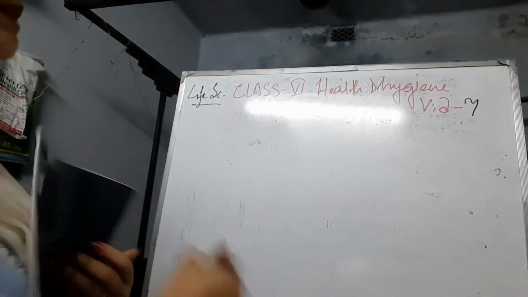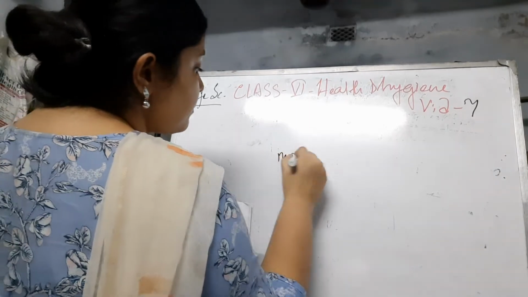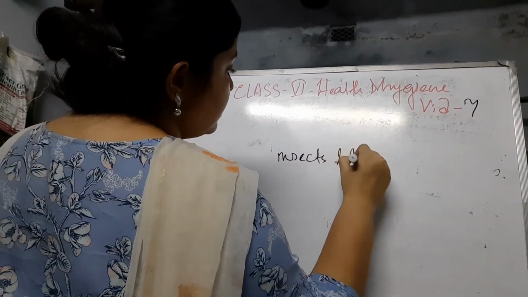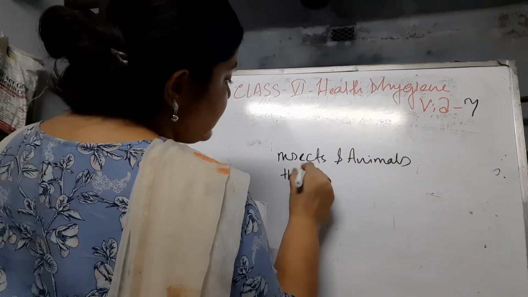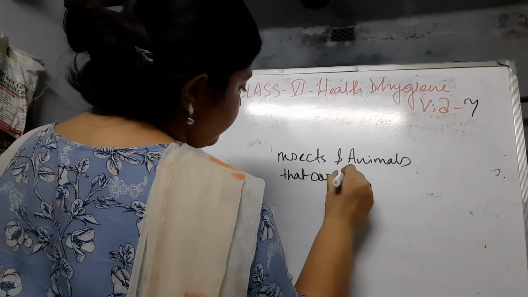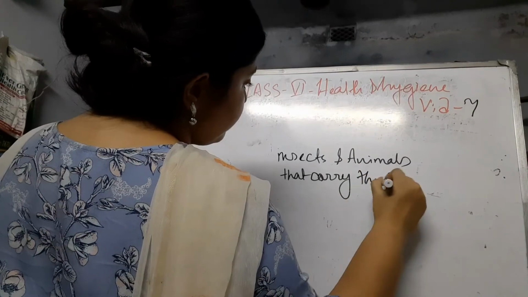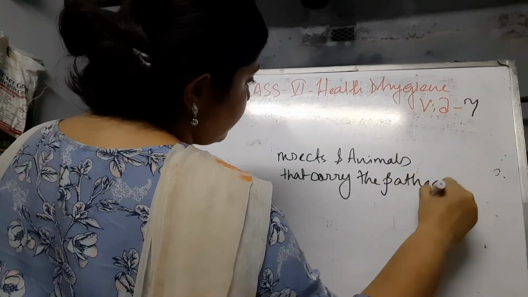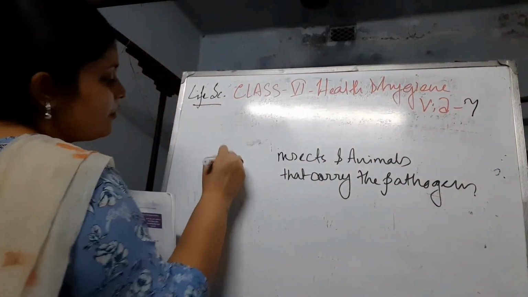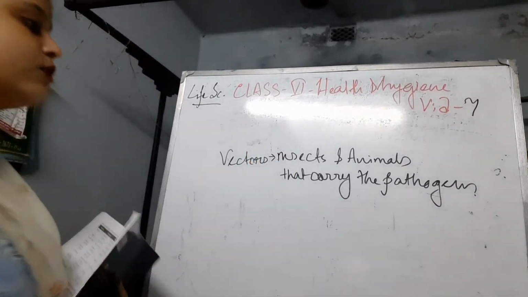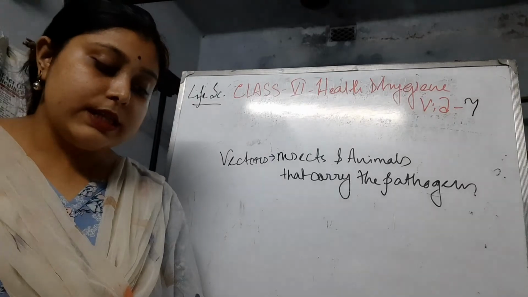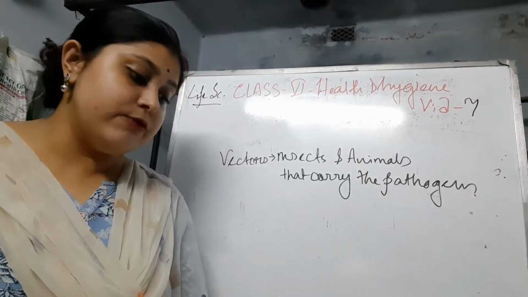Vectors are mainly insects and animals that carry pathogens. So we are going to learn how they carry them and what diseases can be spread by them, with a chart.